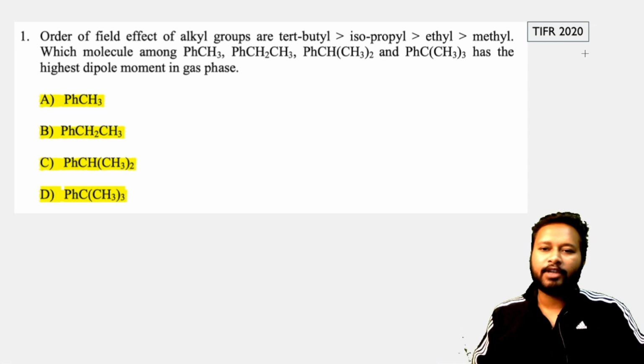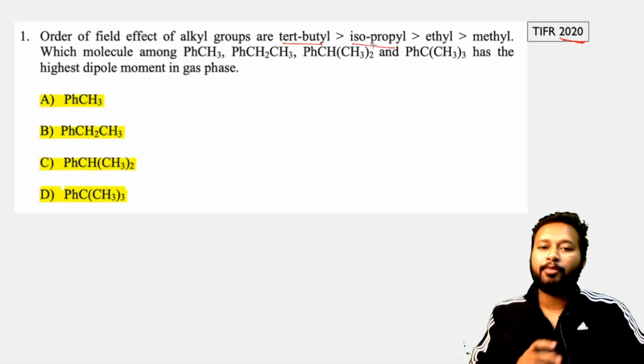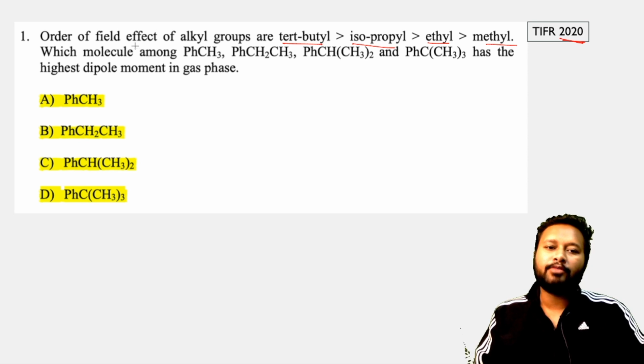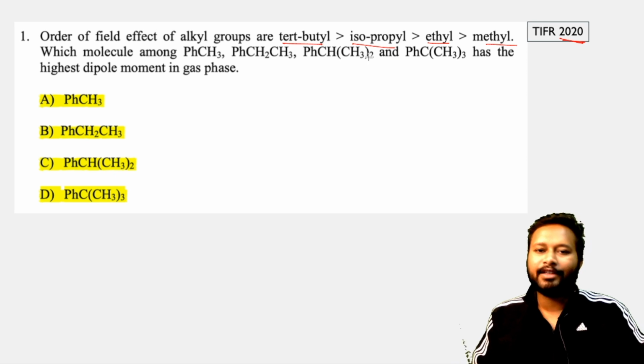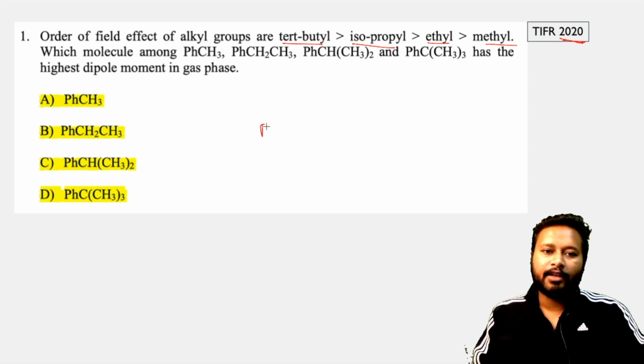Okay, now this question was asked in the TIFR 2020 exam. It says the order of field effect of alkyl groups is: tertiary butyl has the highest field effect, then isopropyl group has the next highest field effect, then ethyl group, and then the methyl group. Okay, now which molecule among PhCH3, PhCH2CH3, PhCH(CH3)2, and PhC(CH3)3 has the highest dipole moment in the gas phase? Now understand that what they are actually trying to say is you are basically attaching a methyl group over here in this PhCH3.